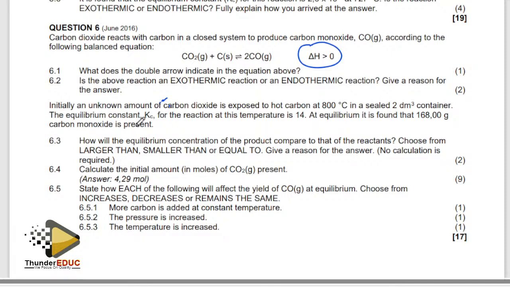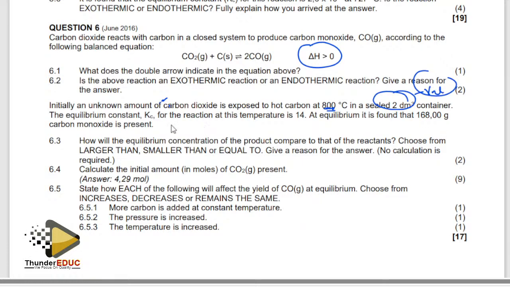They're saying an initially unknown amount of carbon dioxide is exposed to hot carbon. Hot carbon, ne? At this temperature, that's not a big deal. This is a very important thing: the volume. You need to know this volume. If it is not in decimeter cubed, you have to put it in decimeter cubed.